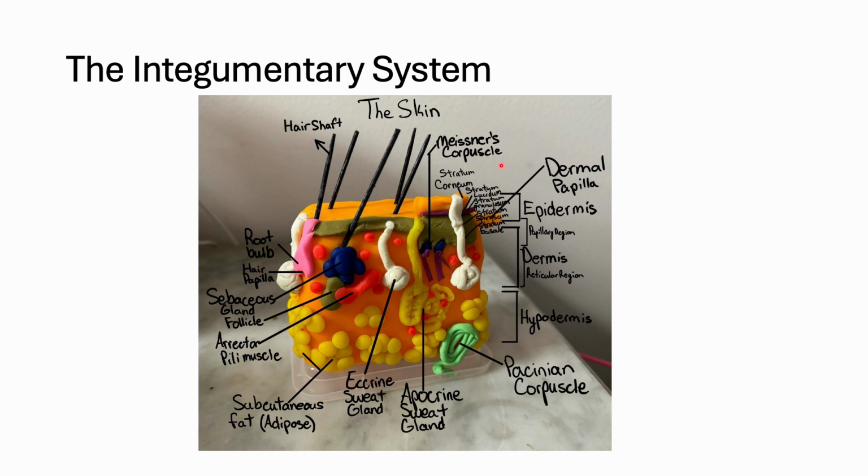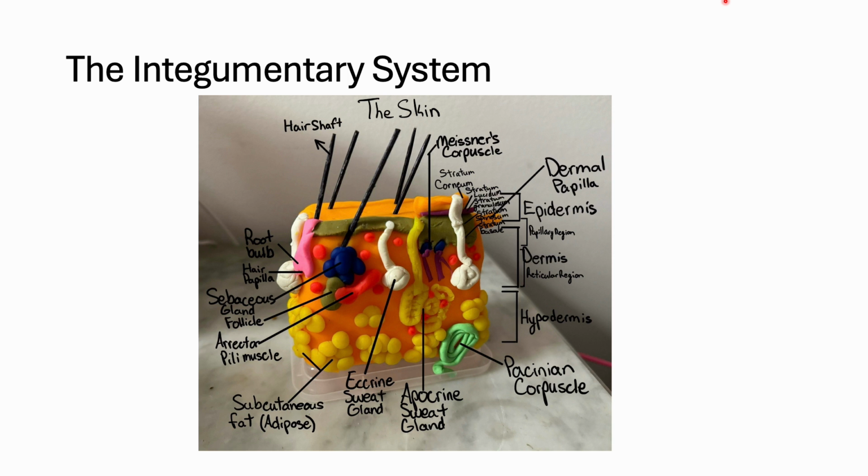The stratum lucidum is only found in thick skin, and in this one the cells are dead and flattened, and they're densely packed with eleidin, which is a clear protein with lipids, and this is a barrier to water. In thick skin, it is found on the palms of the hands and the soles of the feet.